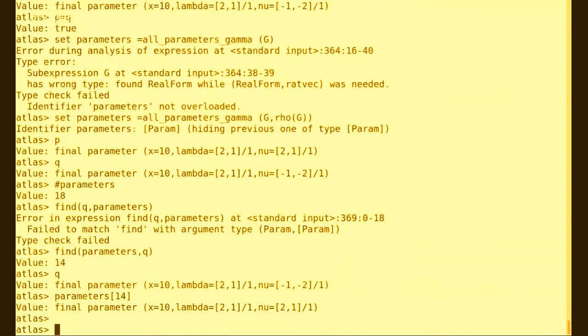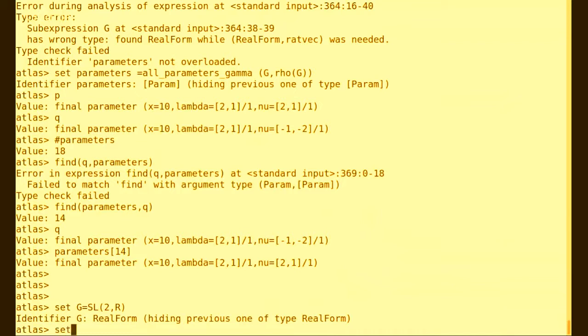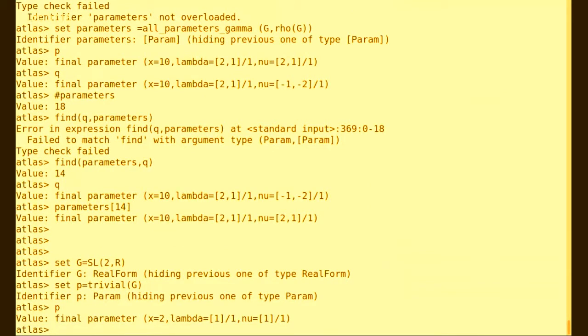All right, so let's look at a different infinitesimal character. Let's go back to SL2 for a moment, and let's set P to be the trivial of G, and let's look at P. I should illustrate another useful tool here, which is translation.